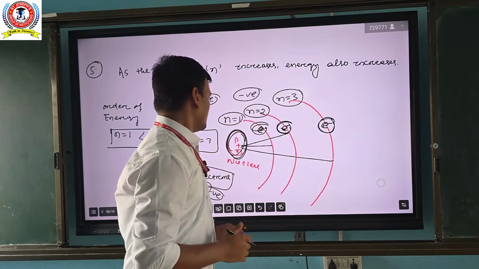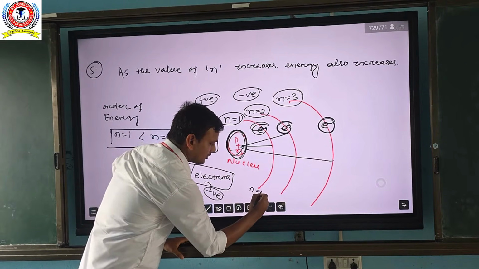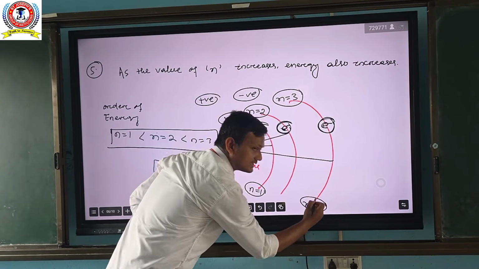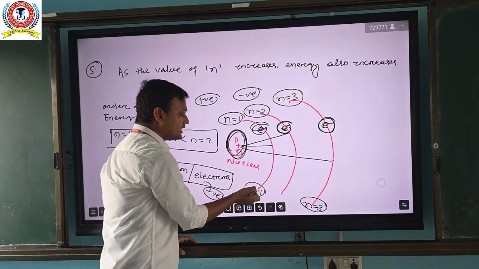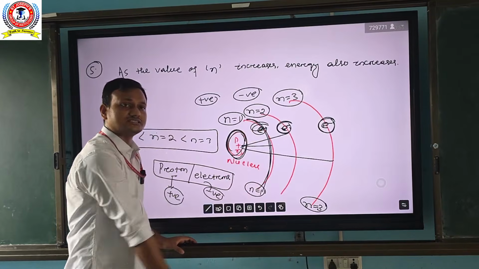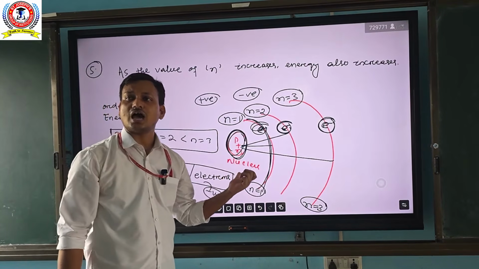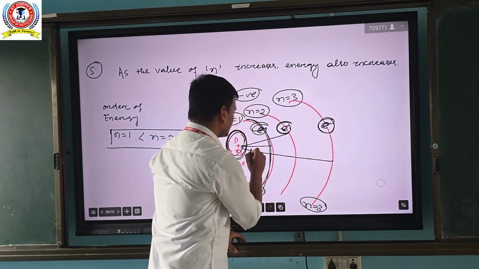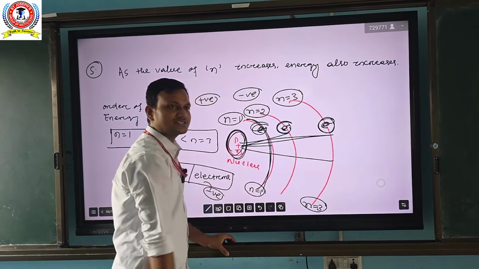Okay. Suppose one electron belongs to the first shell and one electron belongs to the third shell. The electron in the first shell feels more attraction as compared to the electron in the third shell. That means when distance increases, attraction decreases.